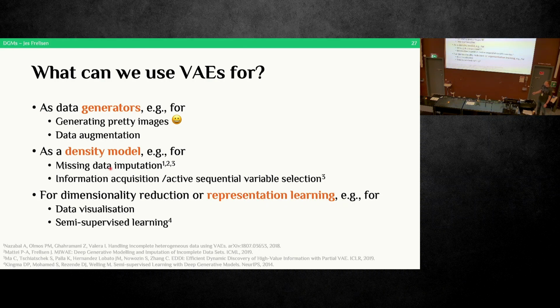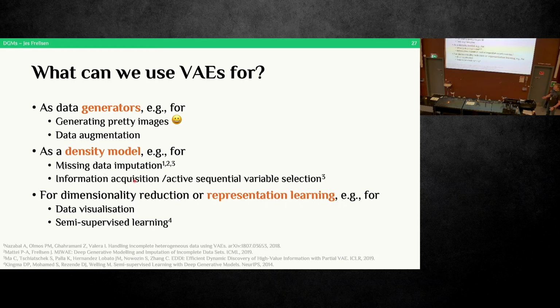I can use it for data acquisition. So assume that I have some setup where patients are coming in. I already have some observational data of a lot of patients, and then I want to figure out which variable, which information, is the most useful to acquire about this patient. Do I want to do a blood sample of the patient? Do I want to do a hearing test, and so on?